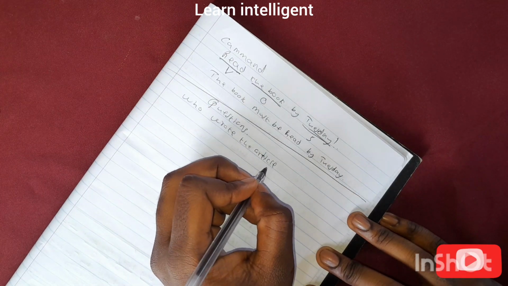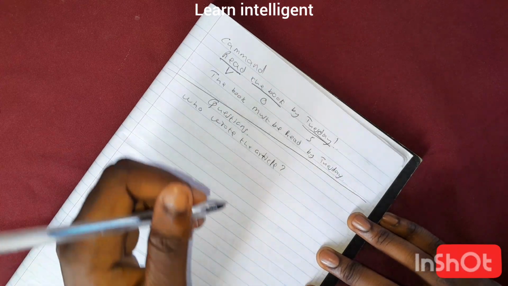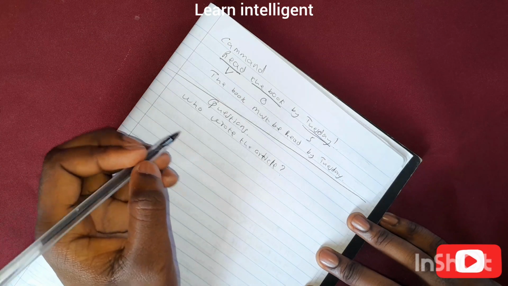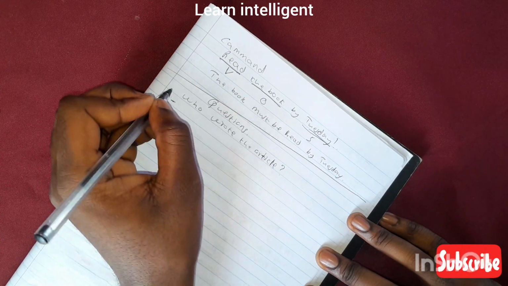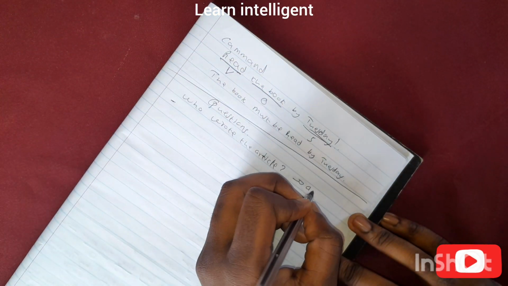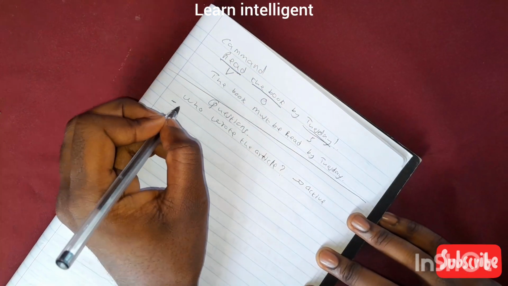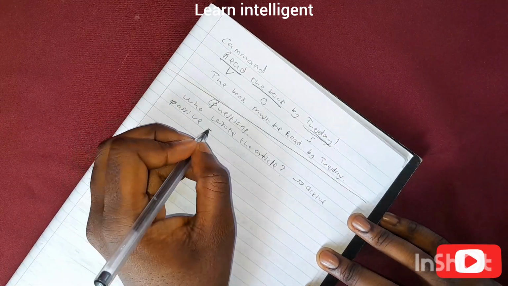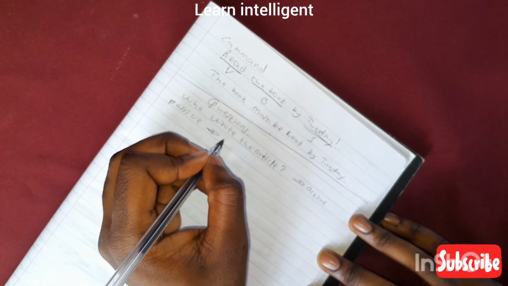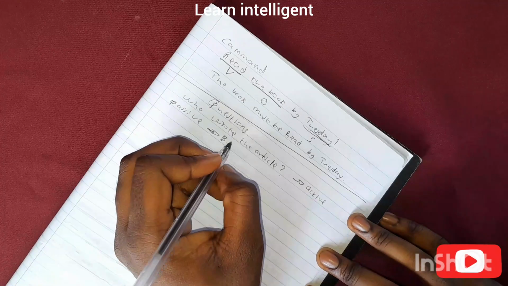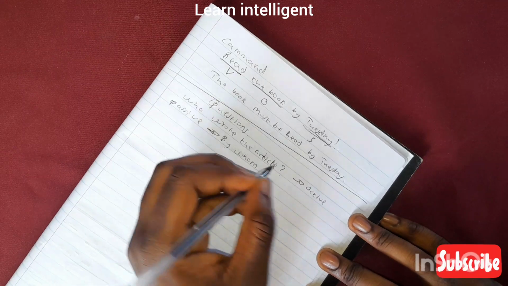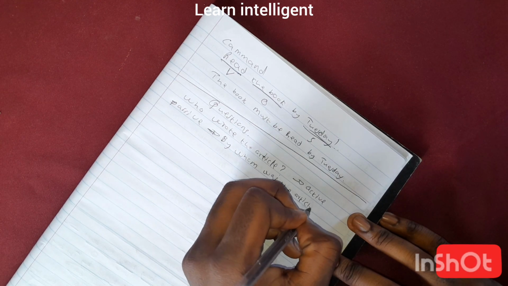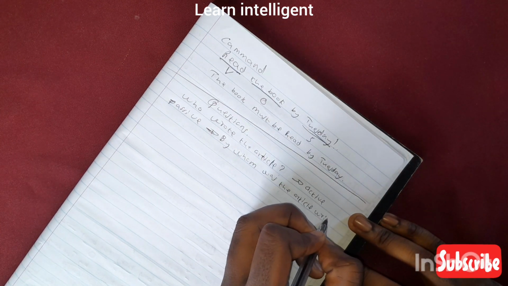When we change this sentence to passive form, we start with by whom: by whom was the article written?